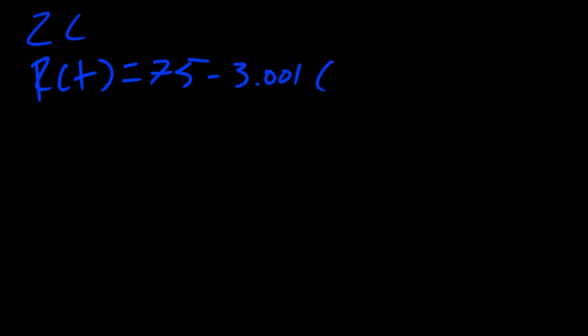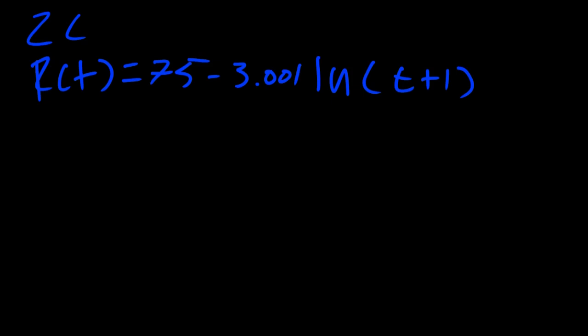So R of t is equal to 75 minus 3.001 times the natural log of t plus 1.